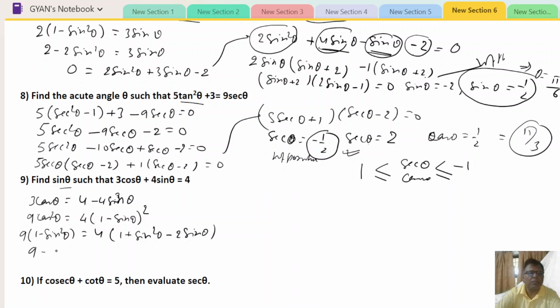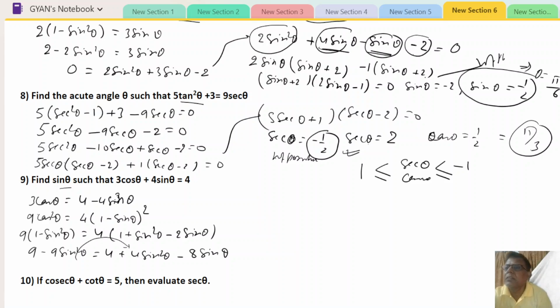Further solve it: 9 minus 9 sine square theta equals 16 plus 16 sine square theta minus 32 sine theta.